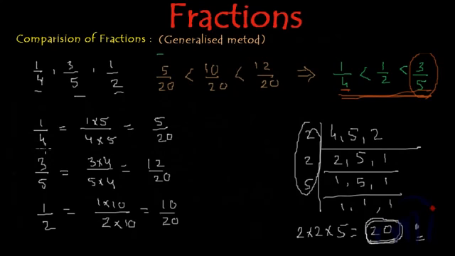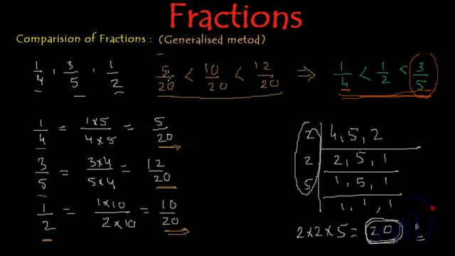So in this method also we have got same equivalent fractions. For 1 by 4 we have got 5 by 20 as equivalent fraction where the denominator is 20, and for 3 by 5 we have got 12 by 20 where denominator is 20, and for 1 by 2 we have got 10 by 20. Right? And now since we have got all same denominators, the comparison of the numerator will be easy. Right?